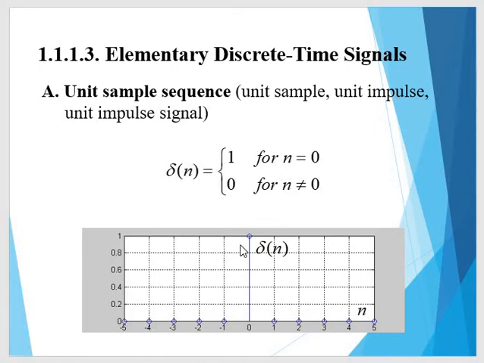It is 1 only when n equals 0. At any other position, any other x-axis value, the value of delta n is 0. Delta n is 0 for n not equal to 0. Delta n is 1 for n equals 0. That means only at the 0th position it has a spike of amplitude 1.